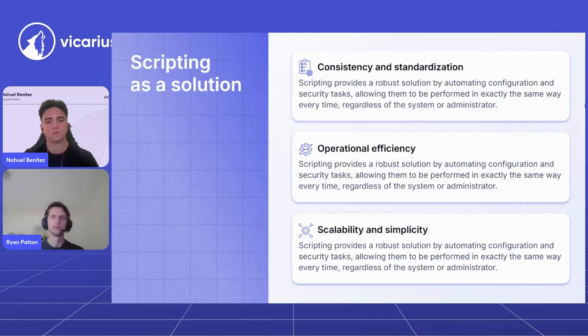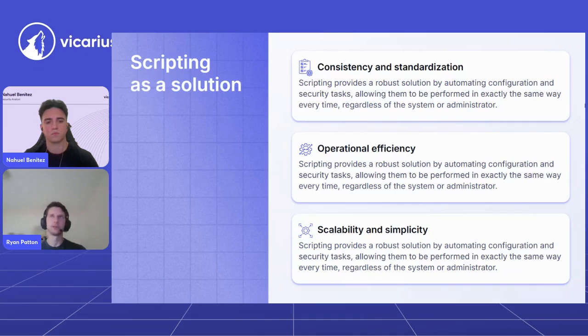If you don't have access to a dedicated threat researcher or developer for this type of thing, you might turn to AI, and then especially you would want to test out those scripts in a sandbox environment that's not going to affect production, because you don't know exactly the components of that. So having that consistency and standardization, once that testing has been done and you have confirmed that it has the desired effect, you can package that script in a way that it gets delivered to the entire environment, and you have that level of assurance that everything has had that baseline applied to it, as I mentioned in the previous slide.